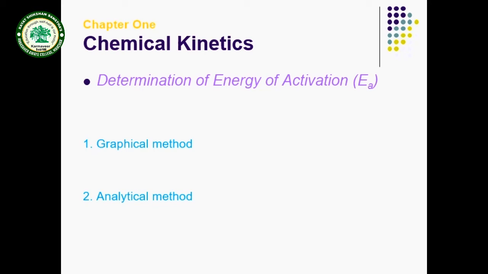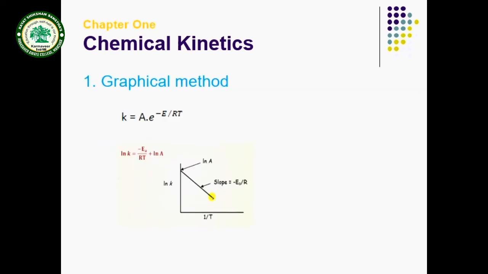In the graphical method, we consider the exponential form of the equation, and we rearrange this exponential form of the Arrhenius equation in this form: ln k equal to minus E upon RT plus ln A. And this is the form of equation as y is equal to mx plus c. So ln k as y, we plot this ln k on the y-axis, and 1 upon T as x, so we plot 1 upon T on the x-axis.